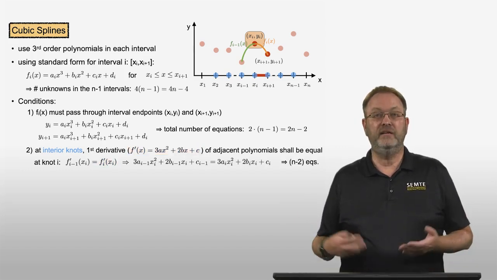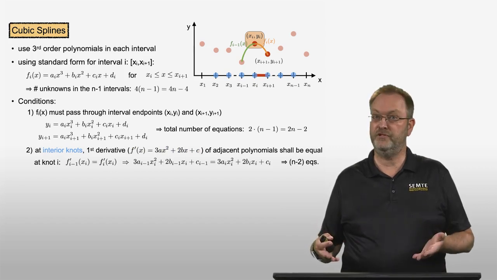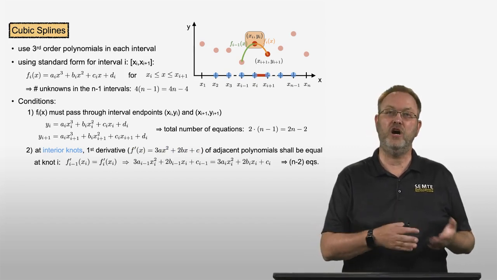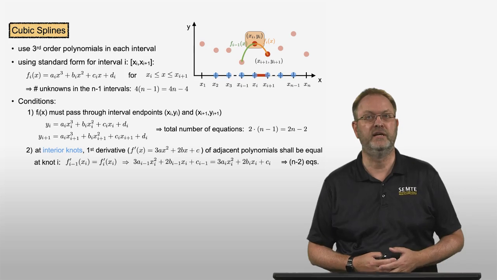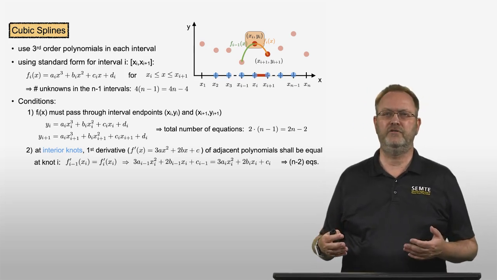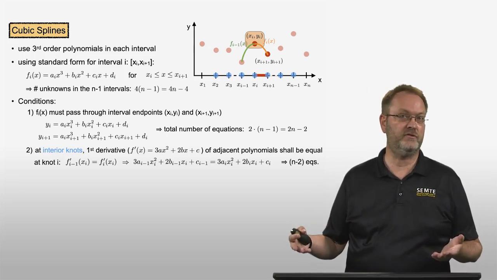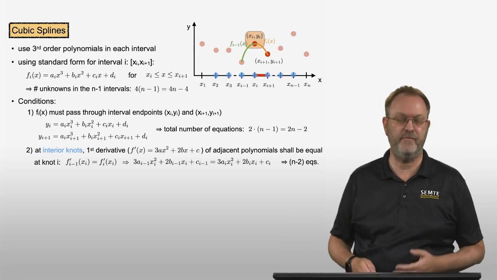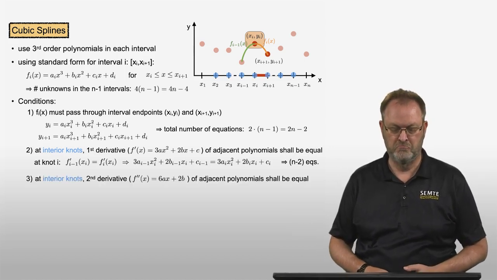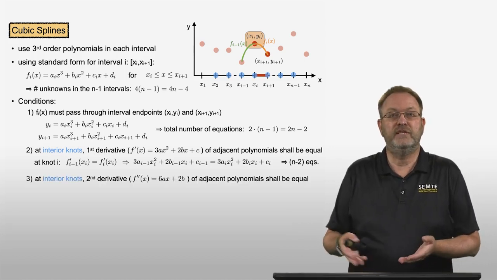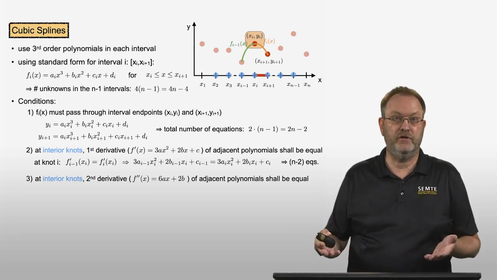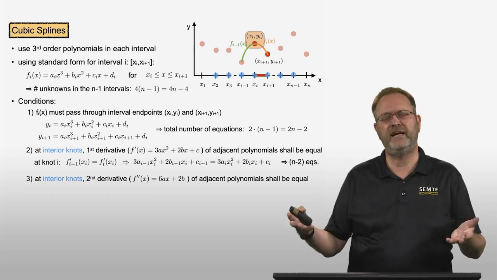That gives me an additional equation for every interior point. Since there are a total of n-2 knots in the data set, I have another n-2 equations. Those were the conditions that we had as well for the quadratic spline.